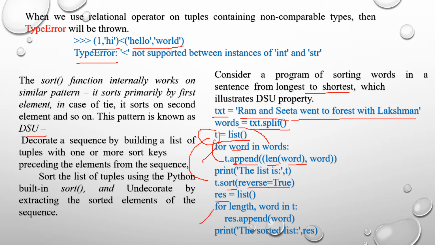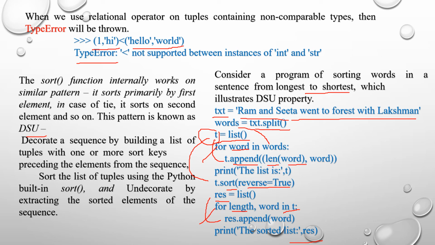Again I specified one more for loop, for length comma word in T. Again I am calling result dot append of word. Finally I am going to print the sorted list of results.